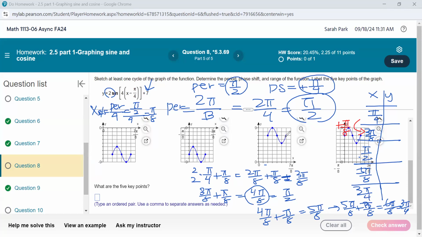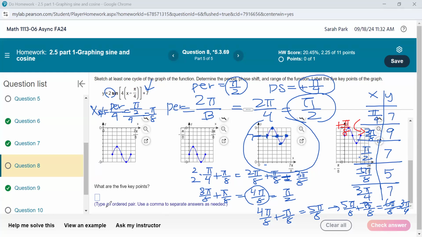Okay, so we found that, and then since we picked this graph, you can see at pi over 4, it's at 7. At 3 pi over 8, it's at the peak, which is 9. And then at pi over 2, it's at 7 again. The fourth point, 5 pi over 8, is going to be at 5. And then it's at 7 again.